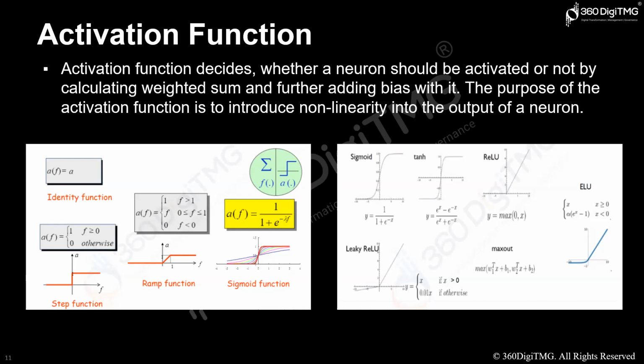The purpose of this activation function is to introduce non-linearity into the output of a neuron. So here we have the identity function, that is A of F is equal to F, and then this is the MP neuron.